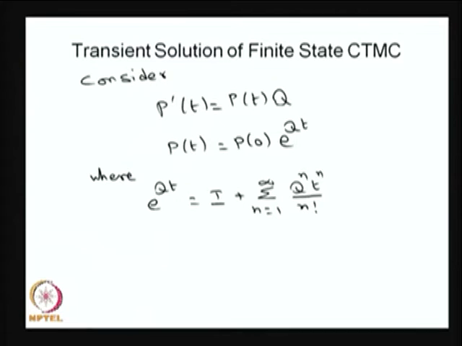So, the whole thing is going to be the exponential matrix, and using that you can get P of t. I am not going into detail on how to compute e power Qt, but whenever you have a CTMC with a finite state space, through this method also one can get the time dependent solution. So with this I have completed the examples for the CTMC to find out the time dependent or transient probabilities.